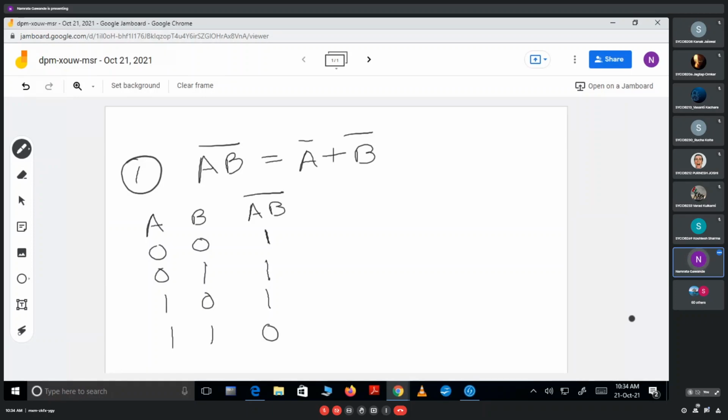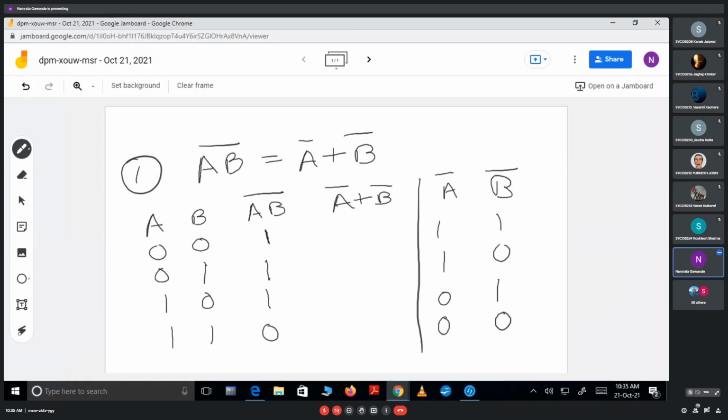Now, A bar plus B bar. In this case, again you have to find out the result. First you have to take A bar. What is A bar? 1 1 0 0, right? What is B bar? B bar is 1 0 1 0.